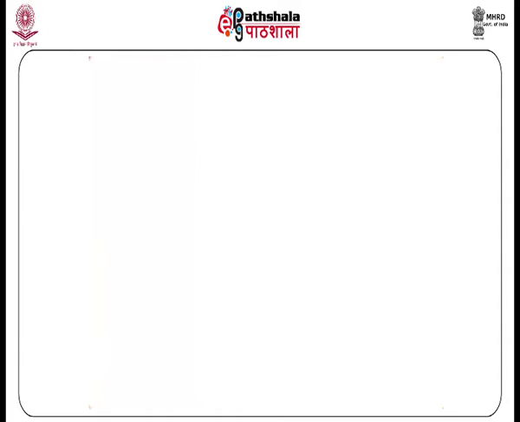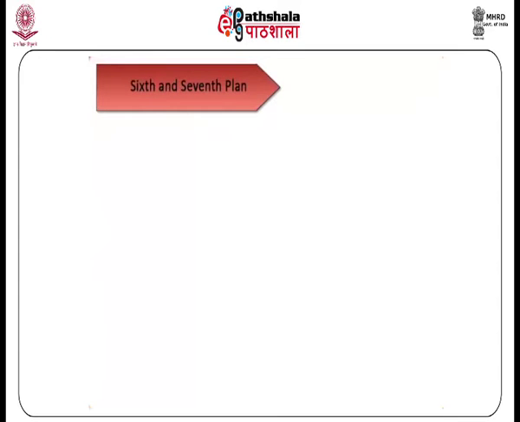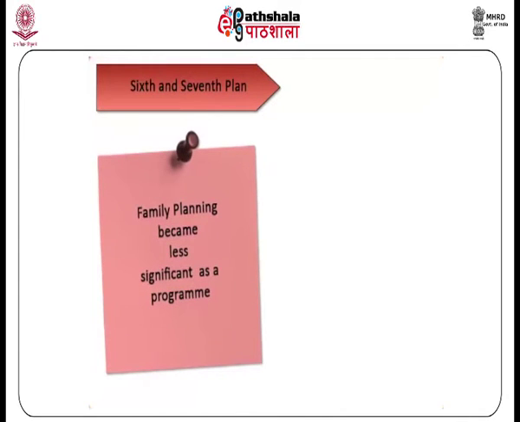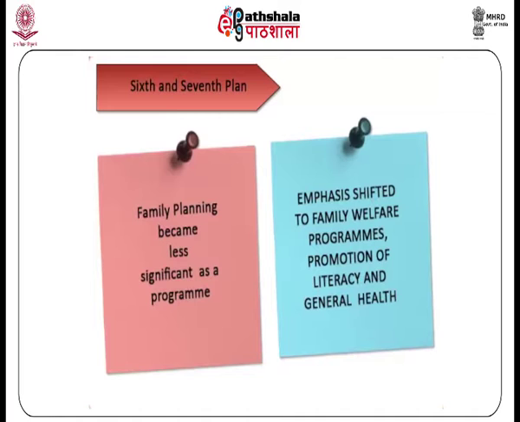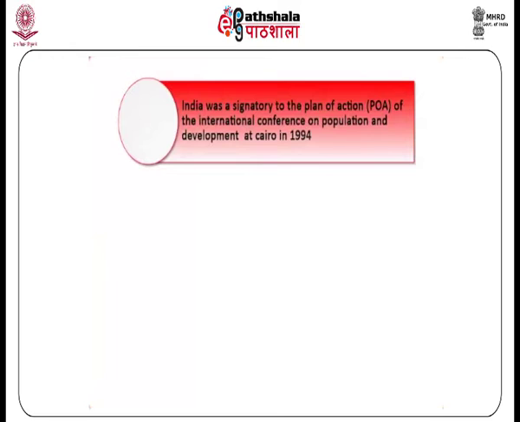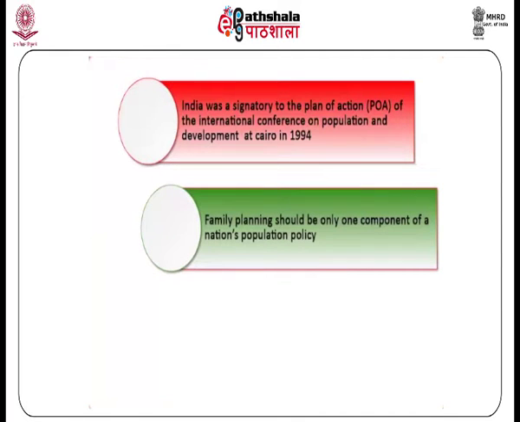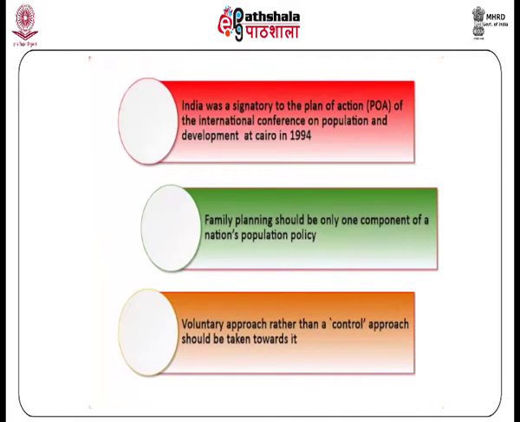From the 80s, that is, the sixth and seventh plans, family planning became less significant as a program. The emphasis shifted to family welfare programs, promotion of literacy, and general health. India was a signatory to the Plan of Action of the International Conference on Population and Development at Cairo in 1994, which had argued that family planning should be only one component of a nation's population policy and that a voluntary approach rather than a control approach should be taken towards it.